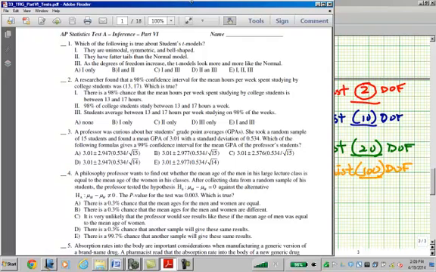3. Students average between 13 and 17 hours per week studying on 98% of the weeks. Now 3 started out okay. They average between 13 and 17 hours. That is part of the correct statement of a confidence interval.